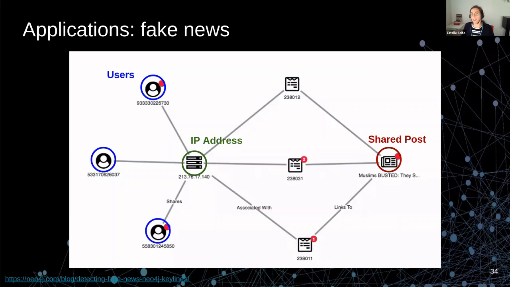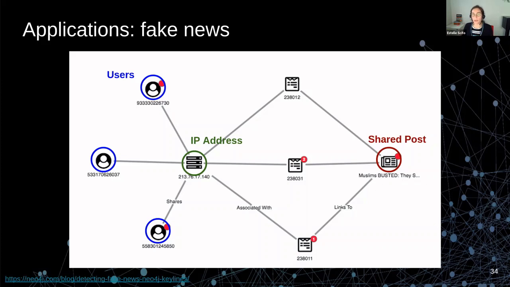I went a bit fast. There are other applications of graph databases using the exact same principle, just using the fact that you can traverse the graph very easily. You can use it, for instance, for fraud detection, and another example would be fake news detection.